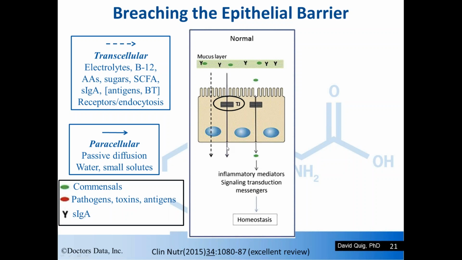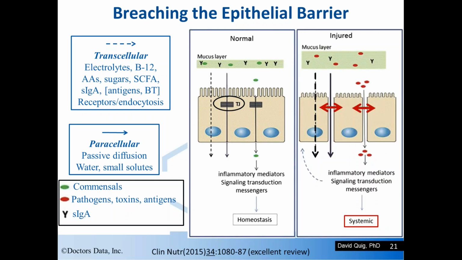That's very normal. So with a normal mucus barrier, we have a nice amount of secretory IgA and commensal bacteria, and a good healthy transcellular transport as well as blockage of paracellular influx of pro-inflammatory mediators.